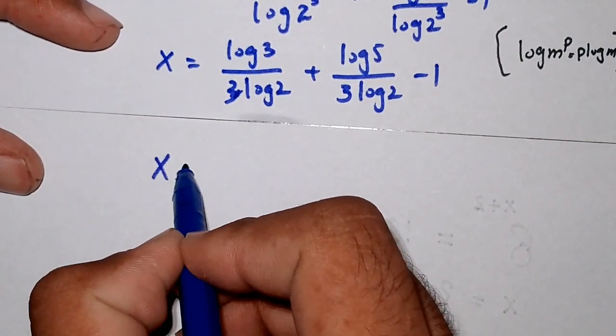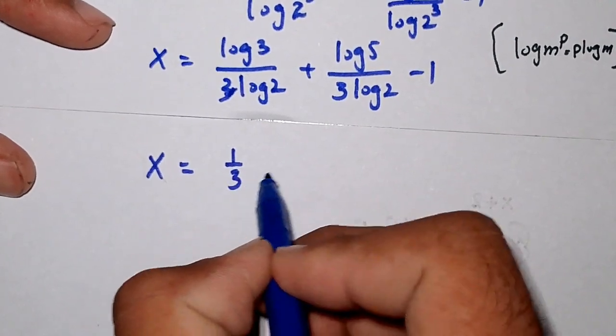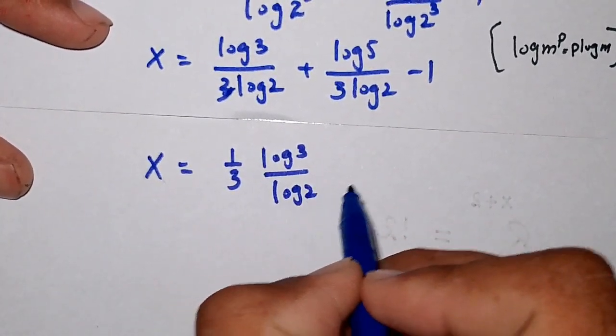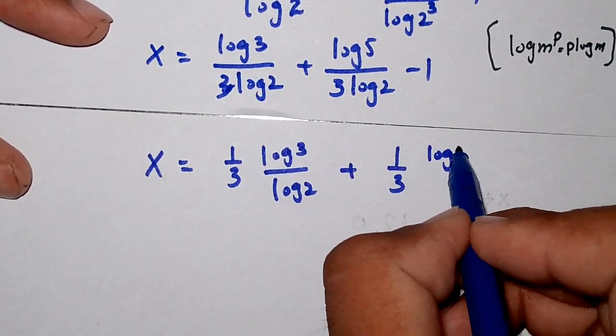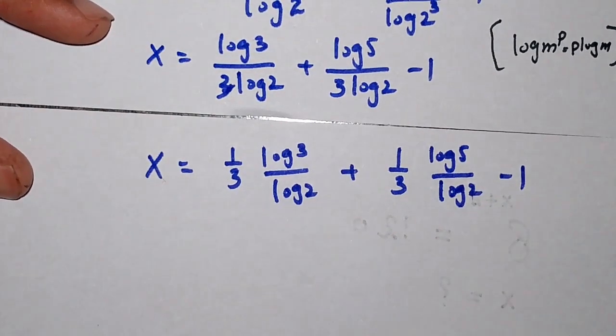x is equal to, now again we can write this as 1 over 3 times log of 3 over log of 2 plus 1 over 3 times log of 5 over log of 2 minus 1.